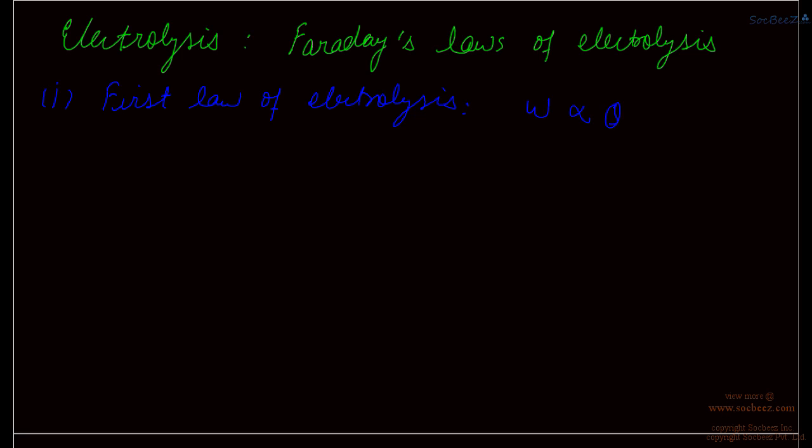Remember, here it is not the electricity that is passed, we are saying that the amount of electricity is utilized. So the amount of any substance, that is W, deposited or dissolved at a particular electrode is proportional to the quantity of electricity utilized, that is charge.